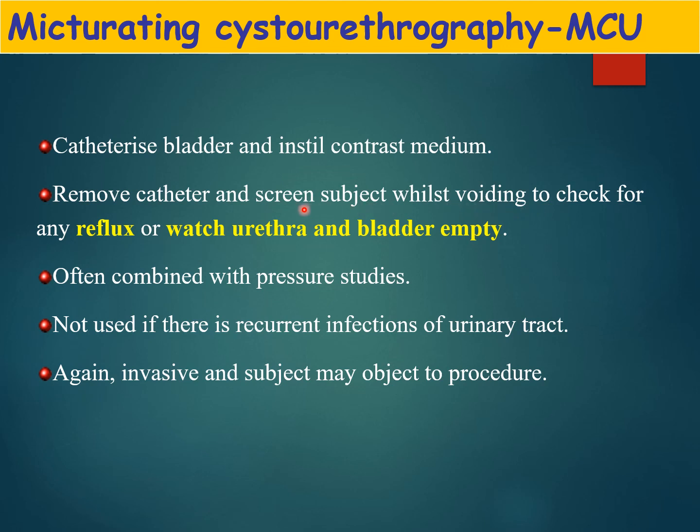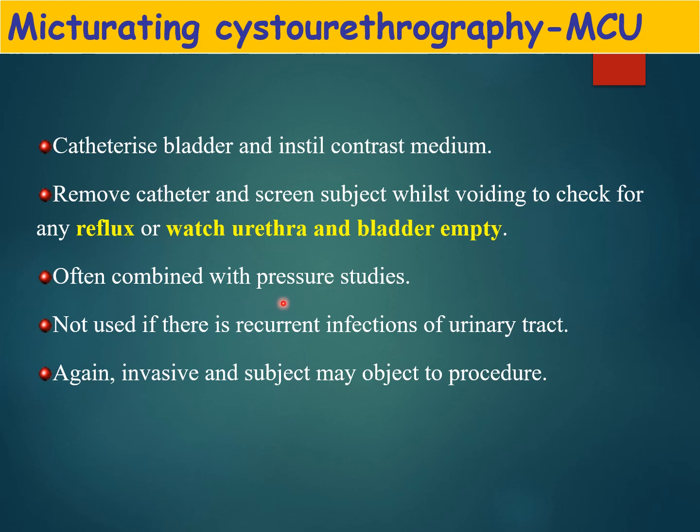We are following and looking at the ureteric orifice and taking some pictures, some X-rays of the patient. If there is a reflux, we shall see that the urine, instead of going to the urethra, will go up to the ureter, and by that way we are diagnosing the ureteric reflux in a nice way, really.